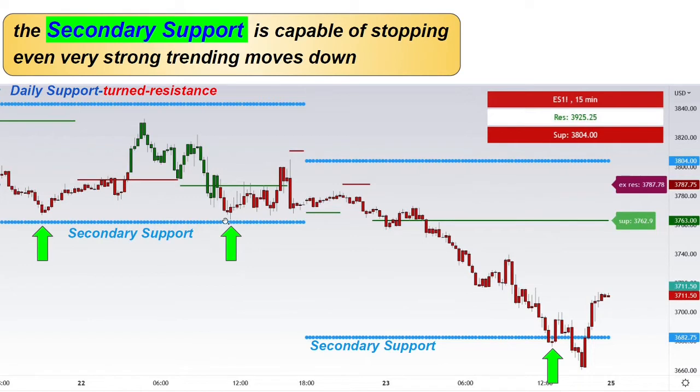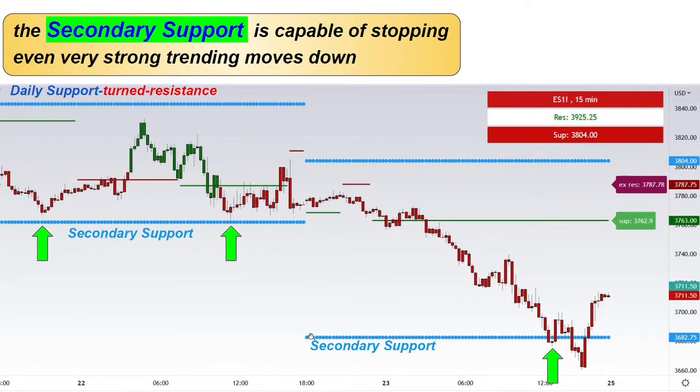But remember that those levels are calculated and drawn for every single day. Once a daily session stops at 4 p.m., those levels get recalculated, and new levels are calculated for a new overnight session and for a new session for the following day.